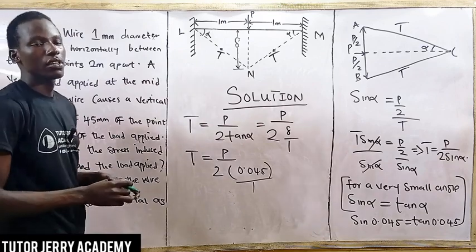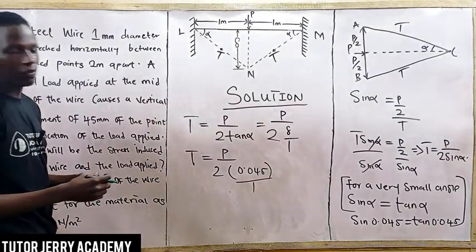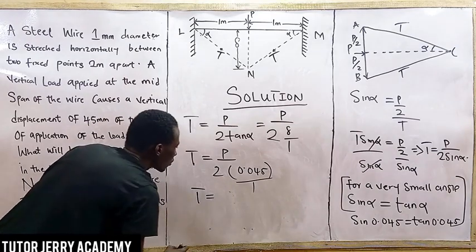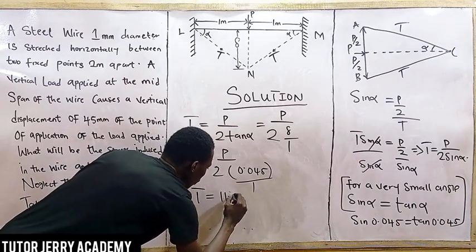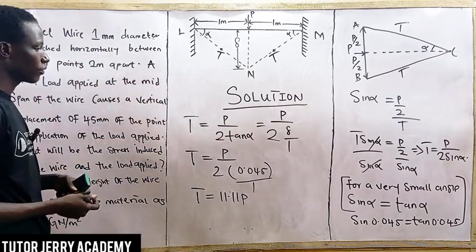If we solve this, T will be equal to 11.11 P. So just do the math, and T will be equal to 11.11 P. This is our value.